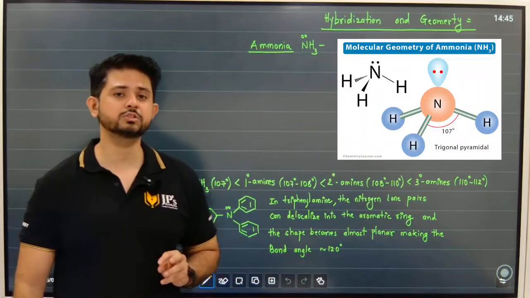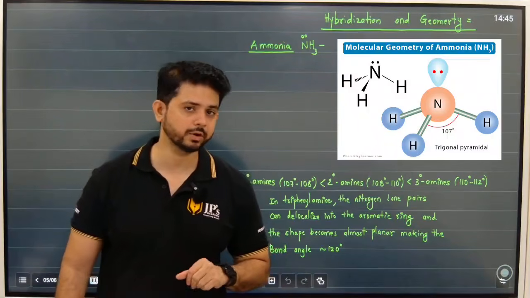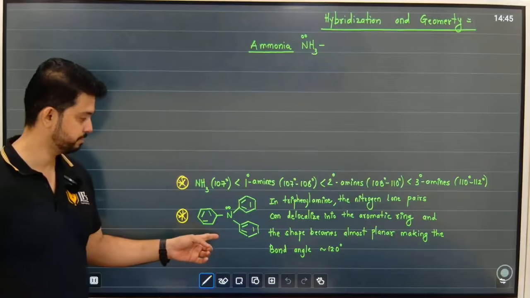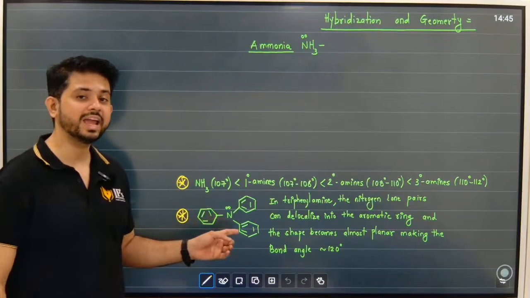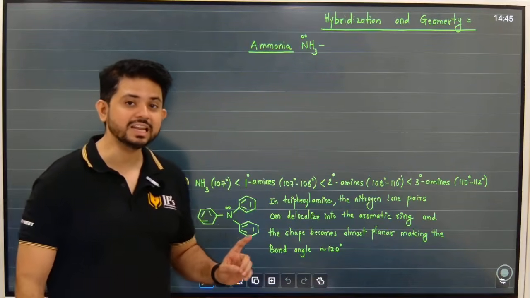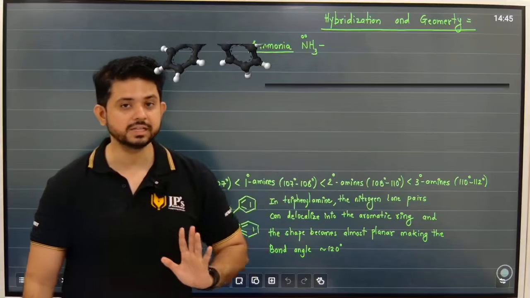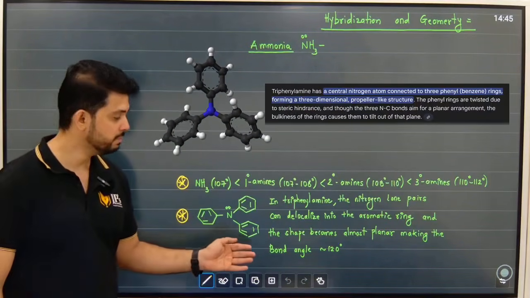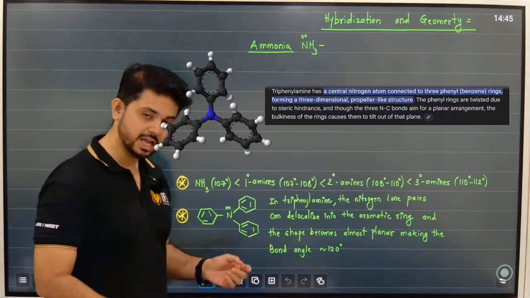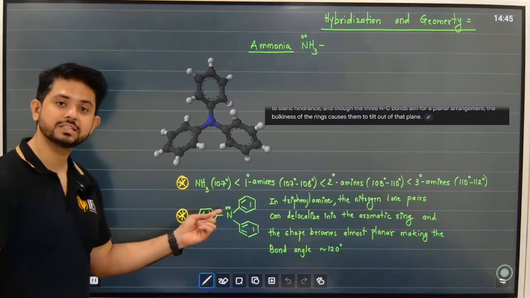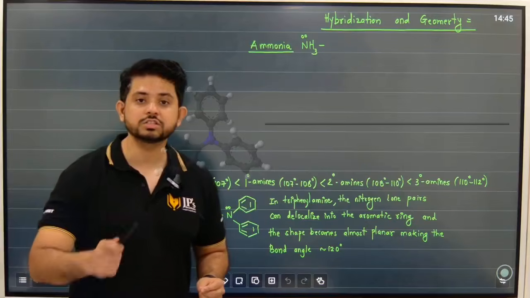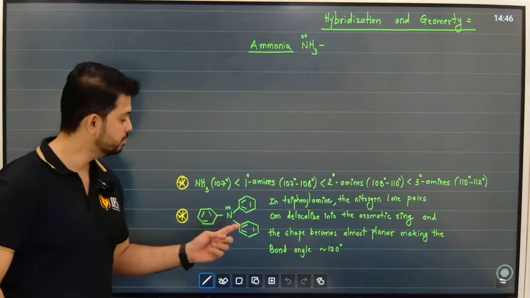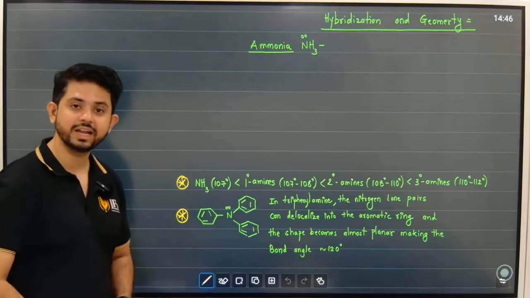Now, JEE Advanced students, a very very important point that you should remember is when we consider triphenylamine or N,N-diphenylaniline. I have given the nomenclature answer as well. N,N-diphenylaniline, you can call it triphenylamine. What happens in this is the lone pair present on nitrogen constantly delocalizes. It will move in the ring, it will resonate in the ring.